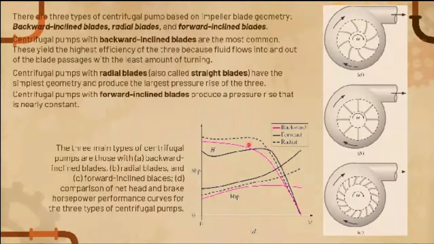So it depends on your application. Each of them has its own advantages. If you are looking at the head, then over here this will be your choice. But if you are looking at the performance in terms of the capacity, then it will be here. So these are three types of different pump or different plate design.